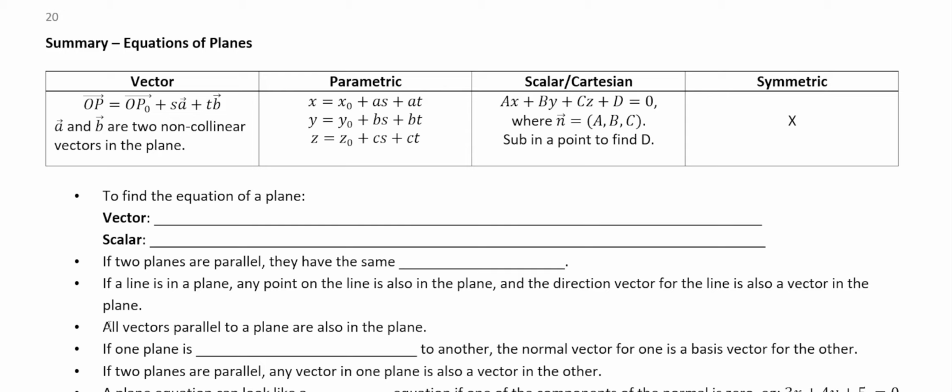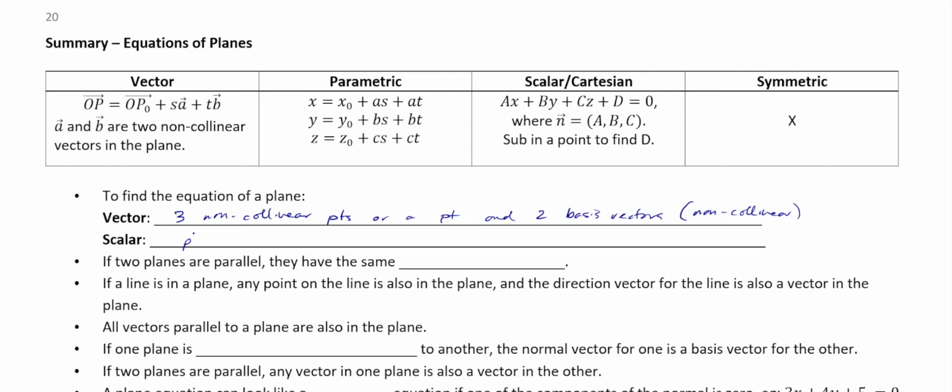Summary of equations of planes. To find the equation of a plane, for a vector, you need 3 non-collinear points, or a point and 2 basis vectors. Again, those basis vectors are also non-collinear.